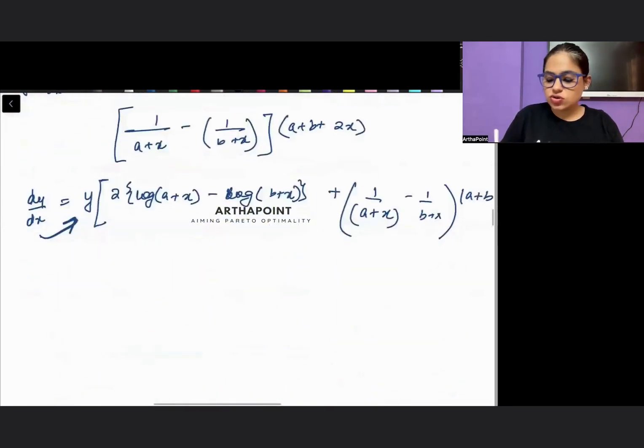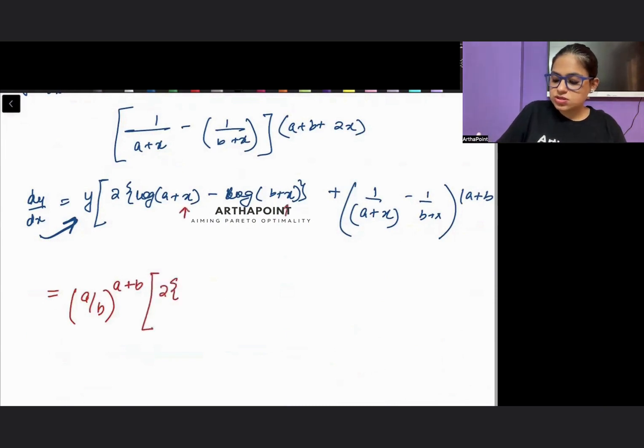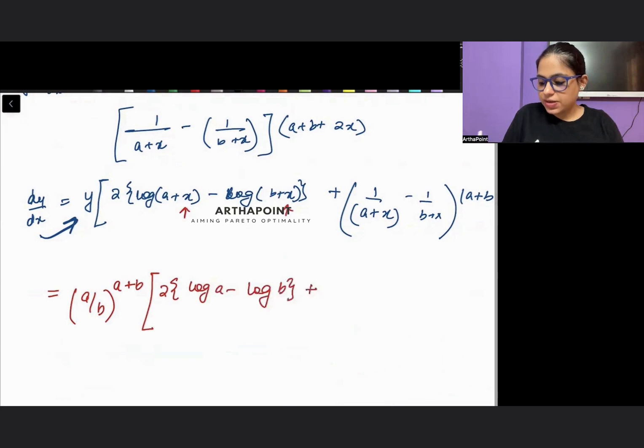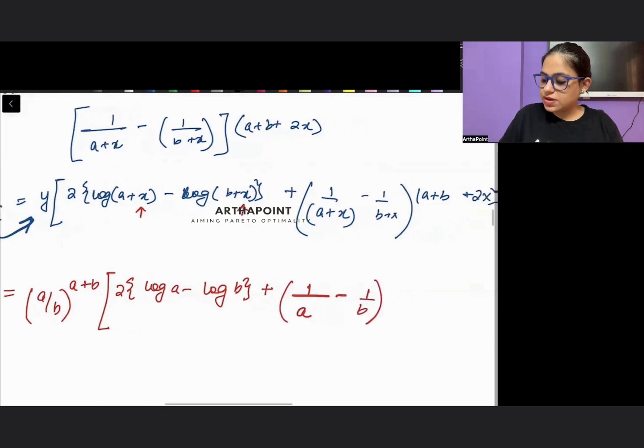Instead of y, I will be putting a by b to the power a plus b, and then here I will be getting 2. If I plug 0 here and 0 here, I will be getting log a minus log b plus 1 by a minus 1 by b into a plus b.